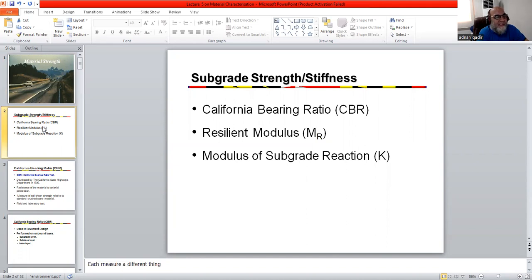The resilient modulus is the input of soil strength in one of the recommended methods of pavement design of highways, specifically the flexible pavement design of a highway. While modulus of subgrade reaction is used for rigid pavement design. So, in the course of this time, we'll discuss one by one.